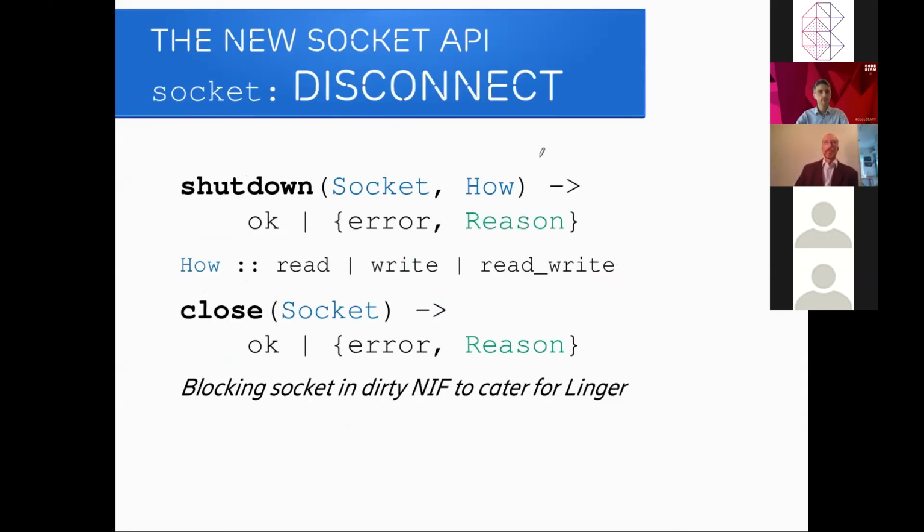Disconnecting a socket. We have the normal POSIX function shutdown, and we have the close function. It is a known problem for closing non-blocking sockets that the socket option linger does not work, because it is a contradiction in that linger means wait for data to get sent, while non-blocking means return immediately. So this combination does not work, period.